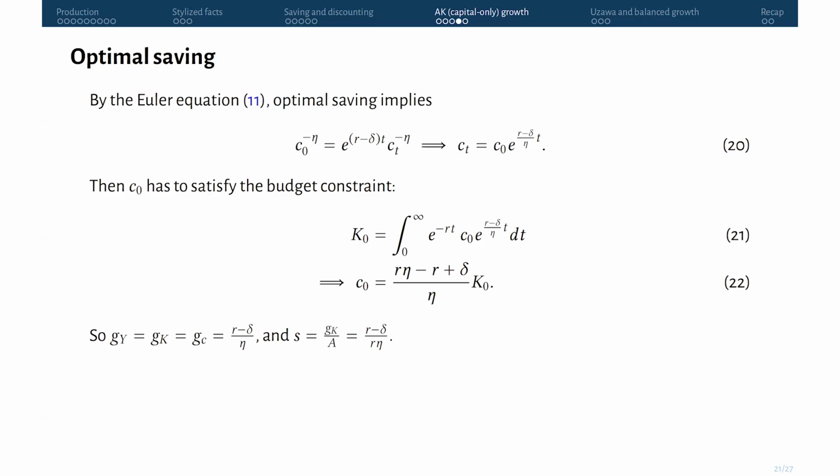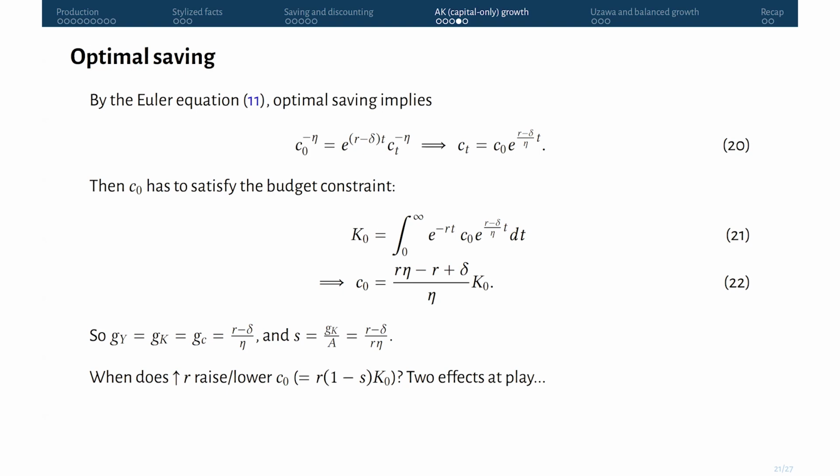And the savings rate, which we saw before, will just be the growth rate divided by r. That'll be r minus delta over r eta. You can see that from the fact that consumption at some time is going to be the fraction of income not saved.